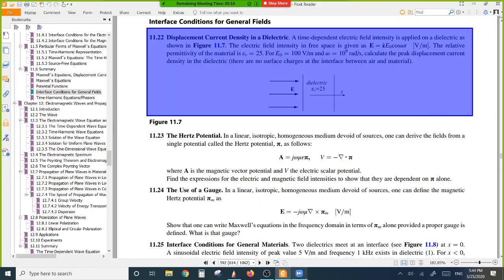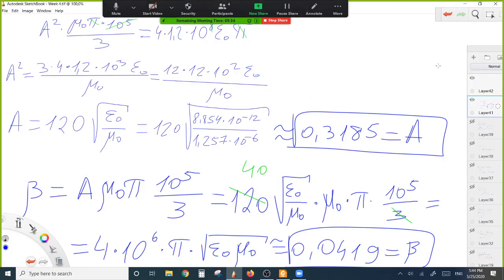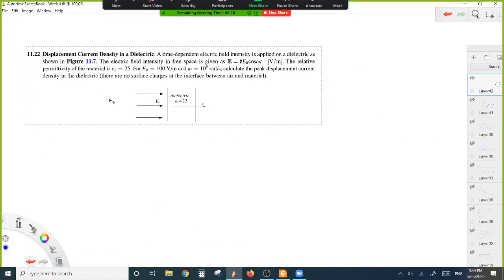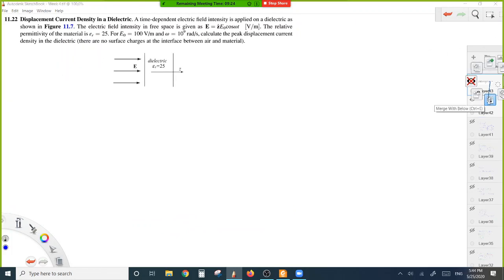Let's see this problem regarding the interface conditions. Okay, let's read the problem. A time-dependent electric field intensity is applied on a dielectric as shown in the figure.